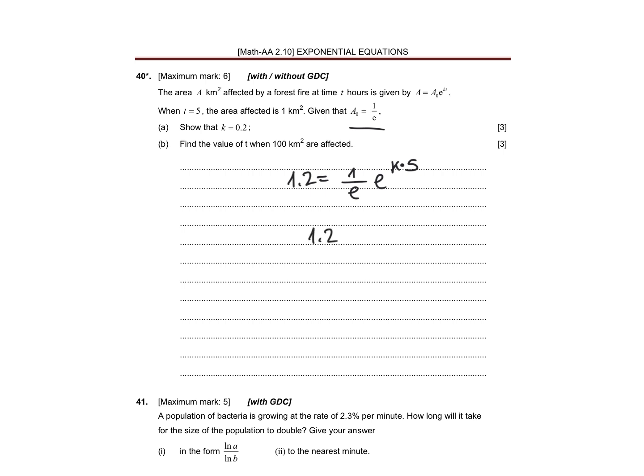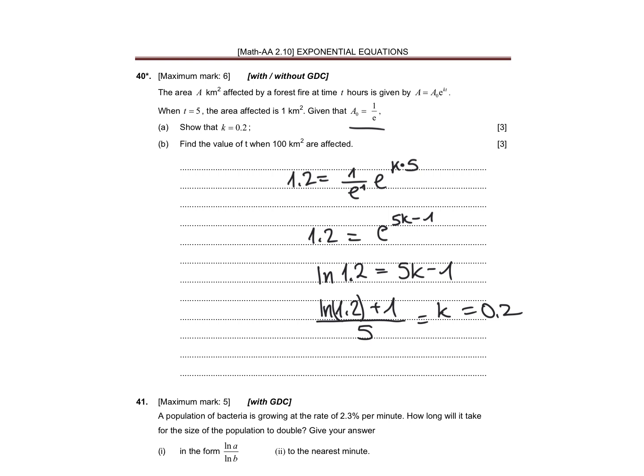So you can write 1.2 equals e to the 5k minus 1, because we've got 1 being divided by, and then we can natural log 1.2 equals 5k minus 1. So natural log 1.2 plus 1 over 5 should be 0.2.